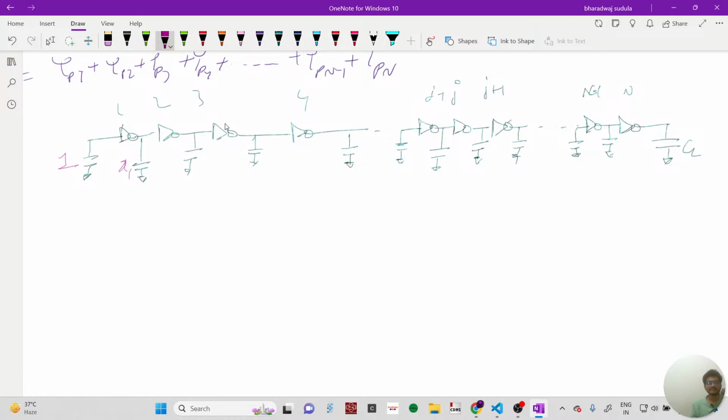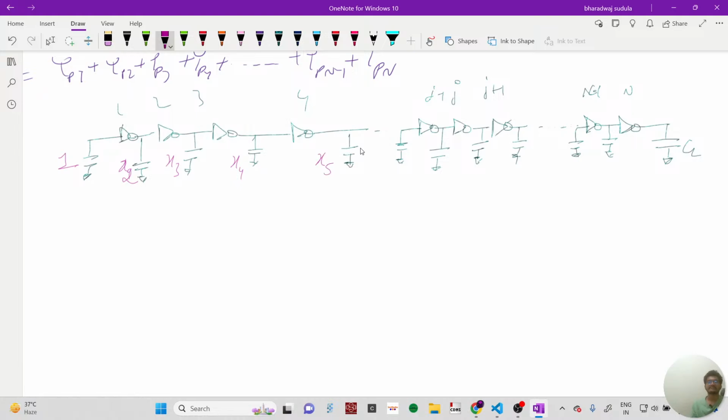This load cap is the input cap of this one. Let me write it as x2 here, since it is connected to 2, right? So this is connected to 3, this is connected to 4. Connection in the sense, not the physical wire connection. I'm talking about the inverter gate cap of the fourth inverter, x4, which is acting like a load cap for the third inverter.